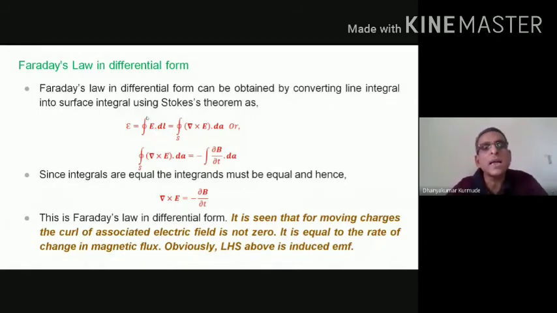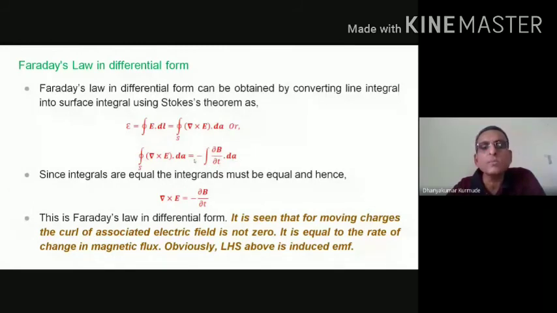So this line integral E dot dl will be given as the surface integral of del cross E dot dA. This is according to Stokes theorem. When it is converted, we get the curl of E dot dA. So the line integral of E dot dl is equal to the surface integral of the curl. With this, we can write the surface integral of curl E dot dA is equal to minus, because this induced EMF we know is equal to the negative of the integration of dou B by dou t dot dA.